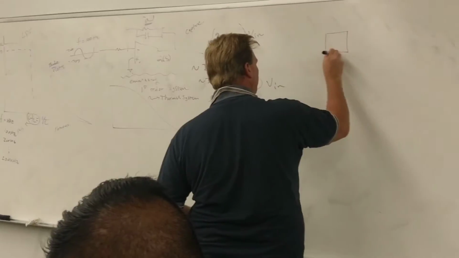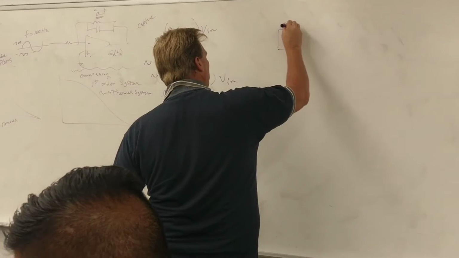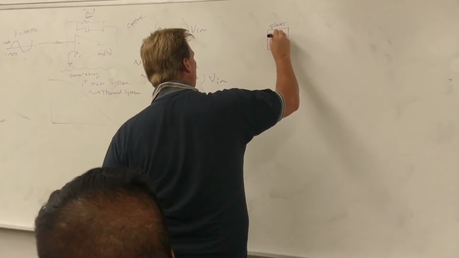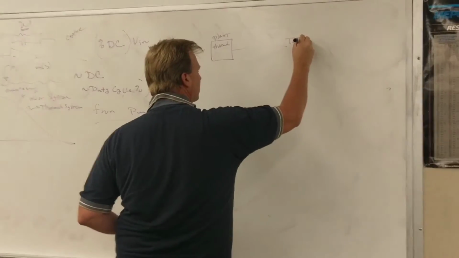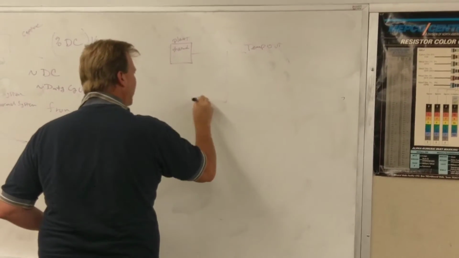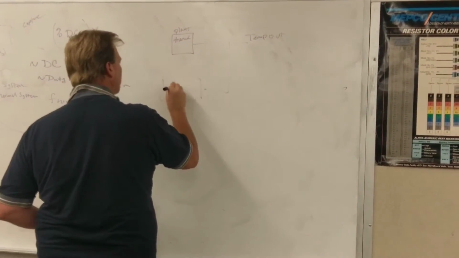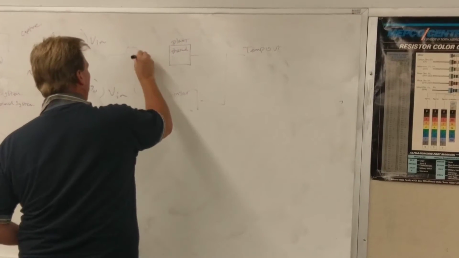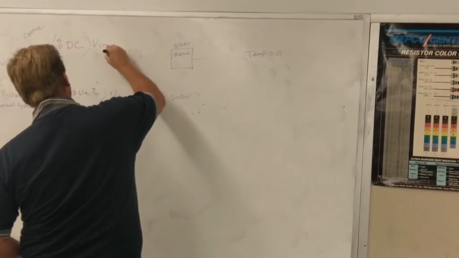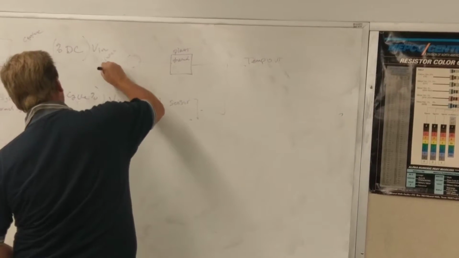Because what we want to do, as you recall last time we spoke, is we're going to have a control system where this is some thermal control system. We want a temp out. We want to feed it back by using a sensor. We want to take our input command or our reference.